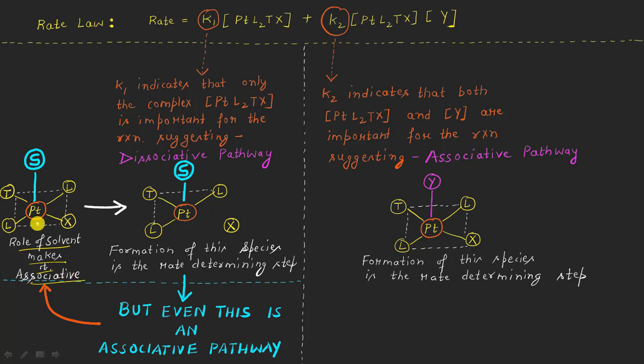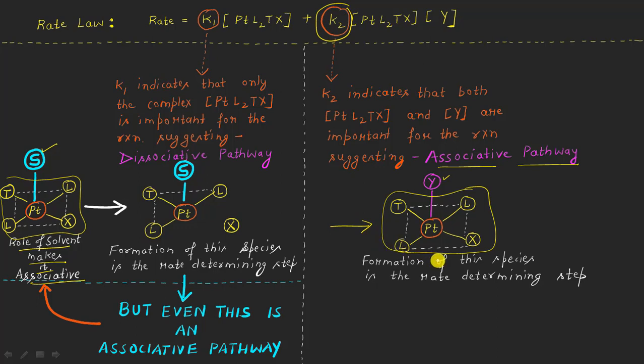You can see here that the solvent molecule is coordinating itself with the starting complex molecule in the same way as the entering nucleophile associates itself with the starting complex in the case of the K2 rate constant. The only difference is that in K2 we have an associative pathway with Y present in this form, and the formation of this species is the rate determining step.